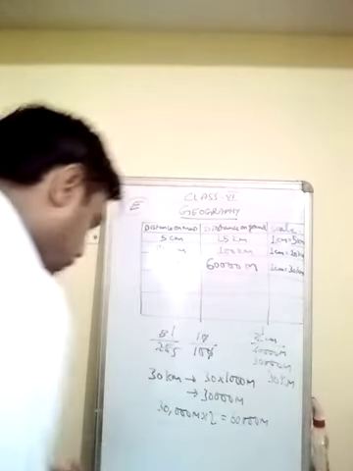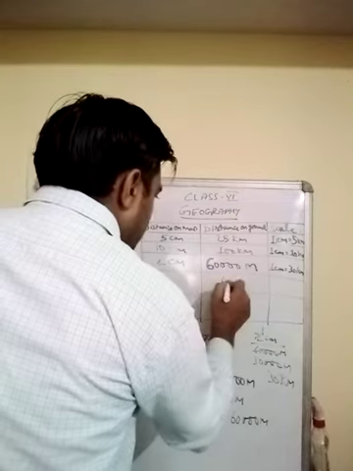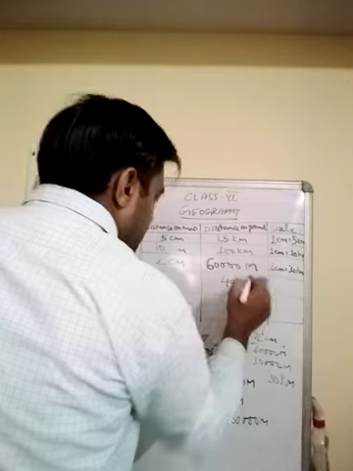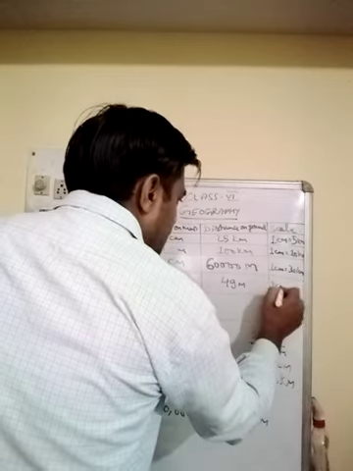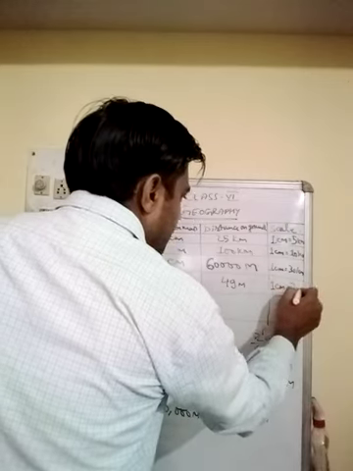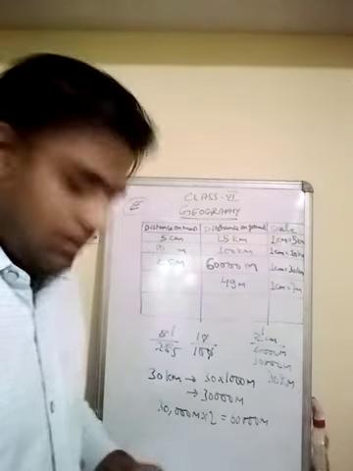Now coming to number 4, first one is blank. Here is 49 meter and your scale is 1 centimeter equals 7 meter. So let's see how it goes.